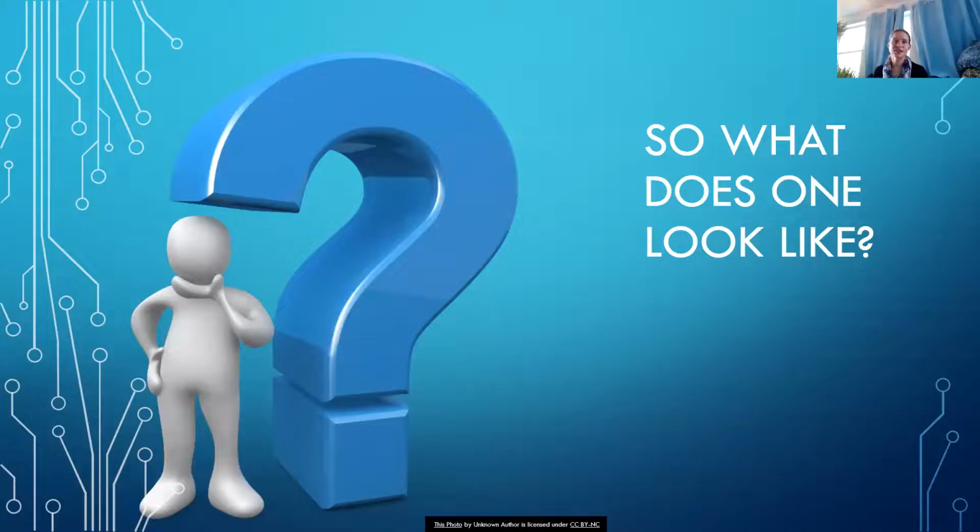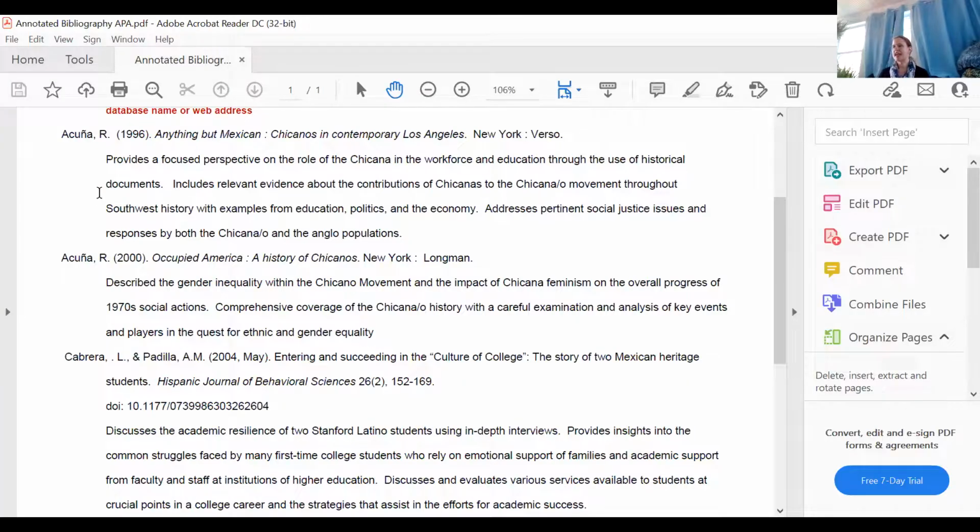So what does one look like? I'm so glad you asked. Right here. So this is an APA formatted annotated bibliography. It may look a little bit different if your professor wants you to have MLA. Right here we have our author, we have this full citation, and right after the full citation, we have a little paragraph.